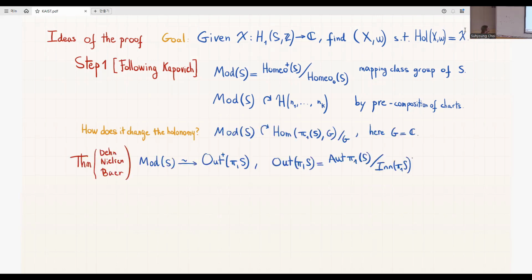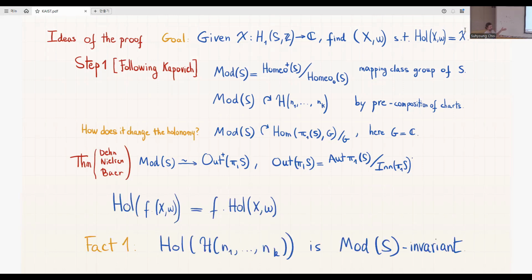And it changes the holonomy as you would expect, because the mapping class group also acts on the character variety by pre-composing the representation. And actually, it acts as an index 2 subgroup of the outer automorphism group of π1 by precomposition. And these two actions are equivariant with respect to the holonomy.